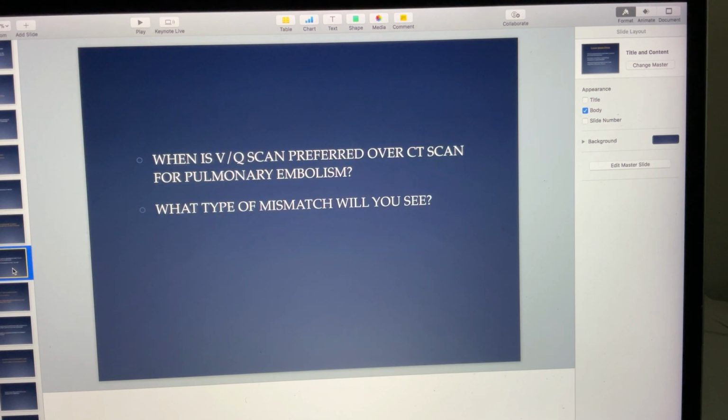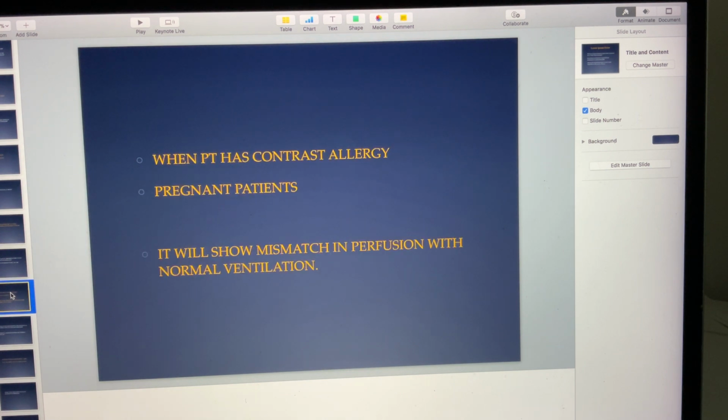Next question. When is VQ scan preferred over CT scan for pulmonary embolism? And the next question is, what type of mismatch would you see? So you're going to do VQ scan over CT if the patient has contrast allergy or if the patient is pregnant.